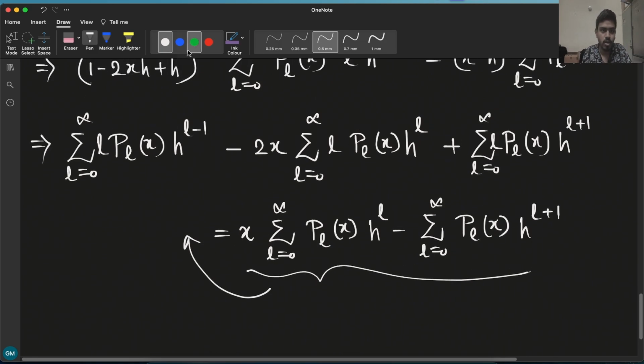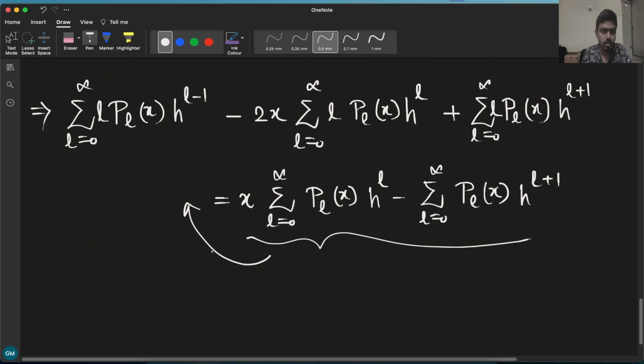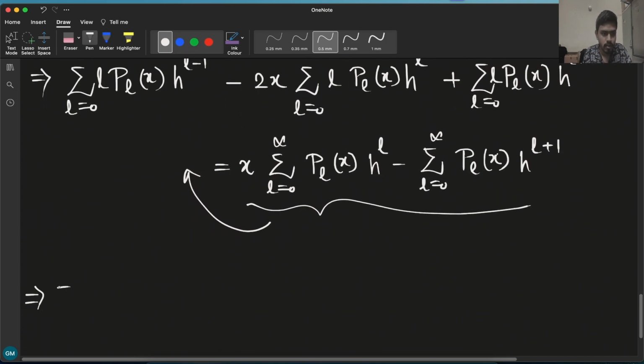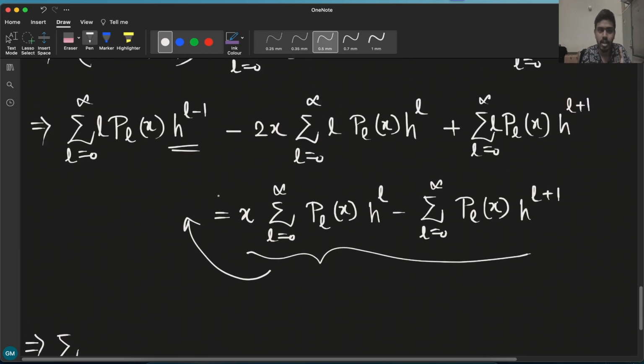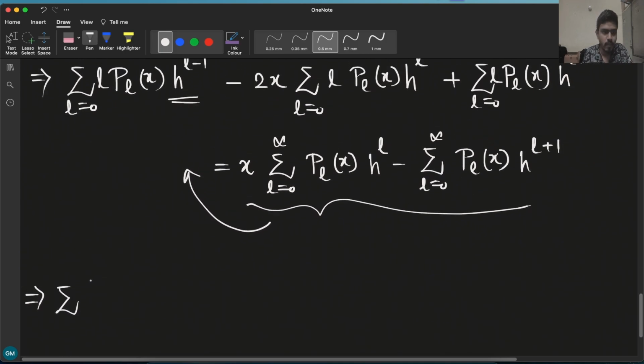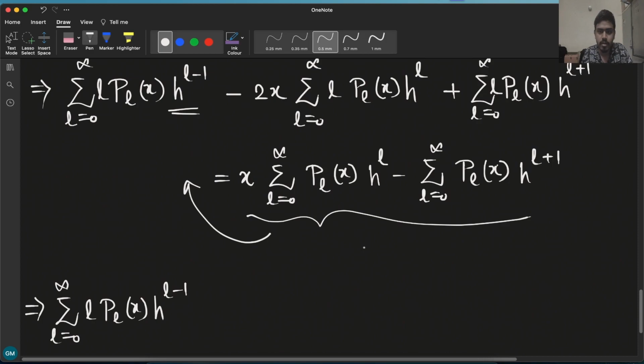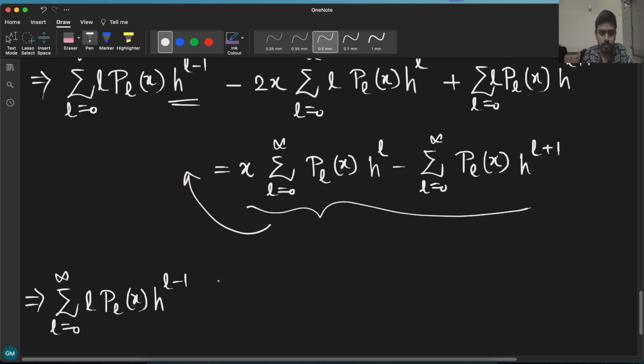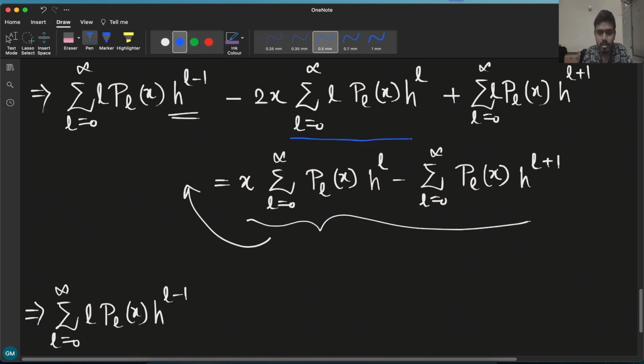So then what will be the terms? The first term will be as it is, because here h has a power of l minus 1, so I will keep it as it is. So it is l P_l(x) h to the power l minus 1, l equals 0 to infinity. And if I take this term to the left hand side, these two terms I can put together.